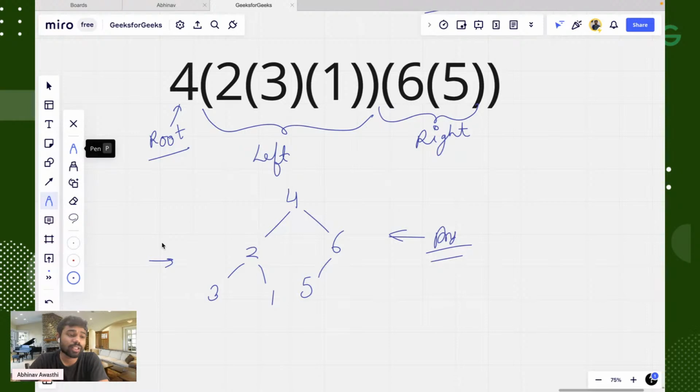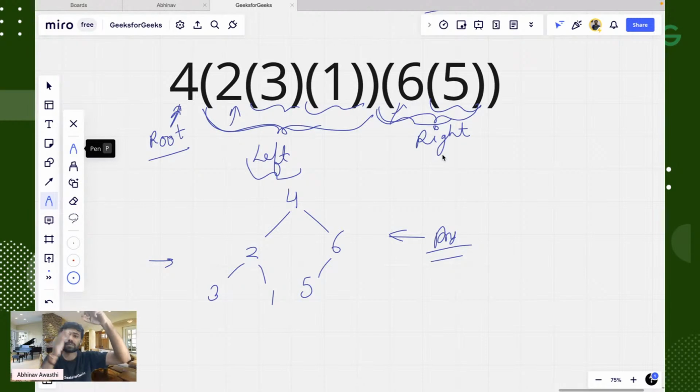The reason is that for this root, we were taking its left subtree and right subtree. Then we do the same operation for this left subtree: for the left subtree also we take its root and then its left and right subtree. So we are taking the same operation again and again. First for the root and left subtree, right subtree. Then for that left subtree, we are doing the same thing.